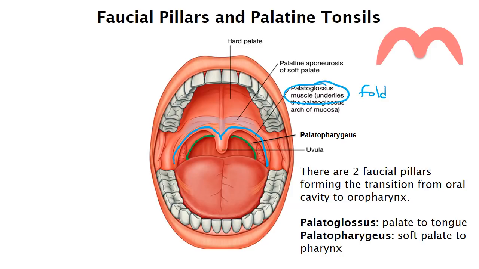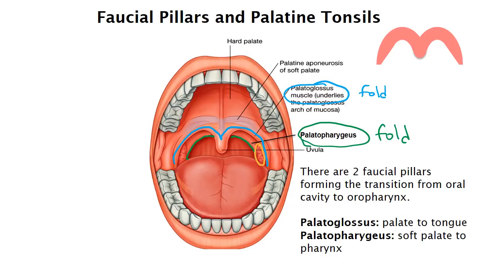And then posteriorly, the posterior pillar or the posterior fossa is formed by the palatopharyngeus muscle, which helps to form the palatopharyngeal fold. In between these two folds, we have that palatine tonsil resting right up in there, and we can hopefully make that out in lab.